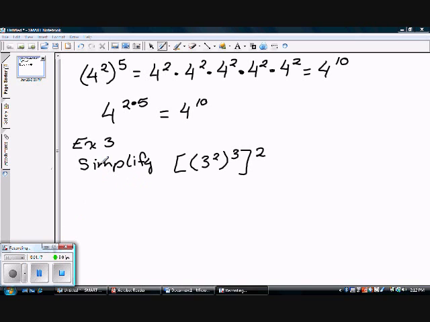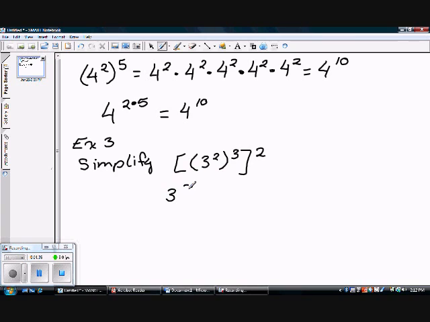Okay, now we get to the real fun stuff. Look at example 3. You have 3 to the second power, to the third power, to the second power. Now what does order of operations say to do? You start with the inside grouping and you work your way out.